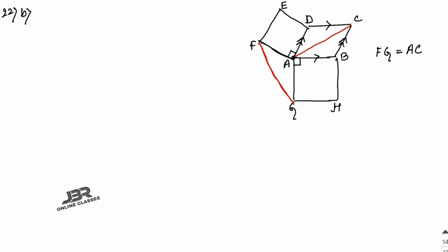So now here A is a point, and you know the angles surrounding a point add up to 360 degrees. So the angles here are angle FAG plus angle FAD plus angle DAB plus angle BAG, that equals 360 degrees. Clear?